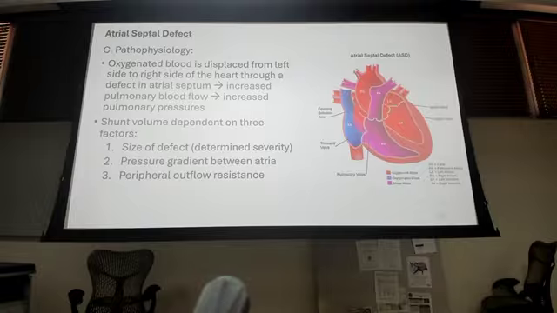So that shunt is going to be from the left atria to the right atria, and that's going to trigger the mixing of oxygenated blood with deoxygenated blood on the right side, which then will get circulated back up to the lungs. But it's already oxygenated, so it can't get re-oxygenated. And that then can lead to pressures increasing in the pulmonary arterial system because of that increased volume, increased pressure.